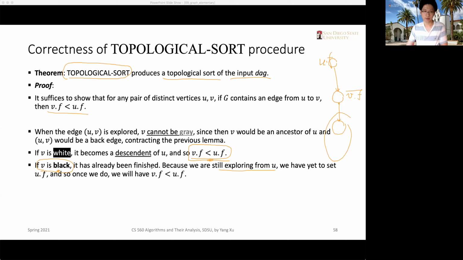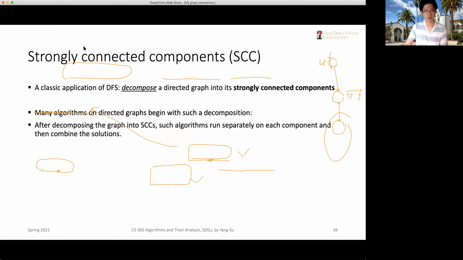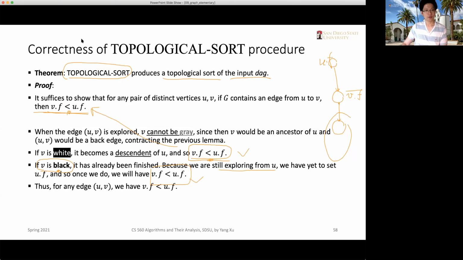So the finishing time for V is also smaller than the finishing time of U. So in either case, the same inequality holds, which proves the assumption that the finishing time for V must be smaller than the finishing time of U. As long as this inequality holds for any edge in the graph, we will always have this.